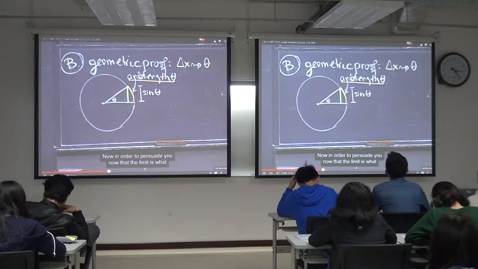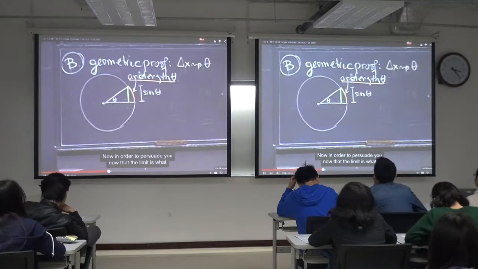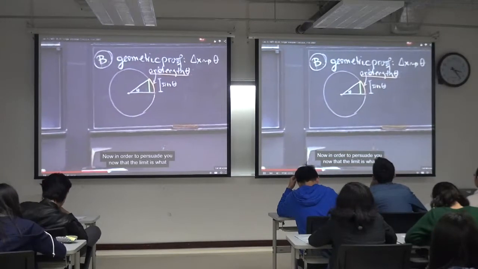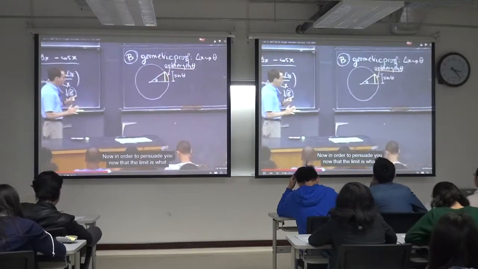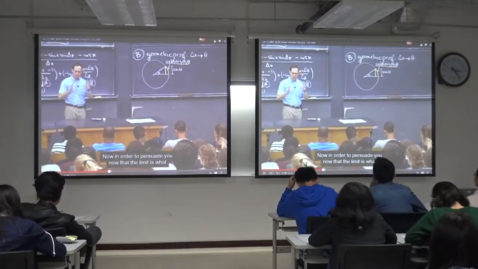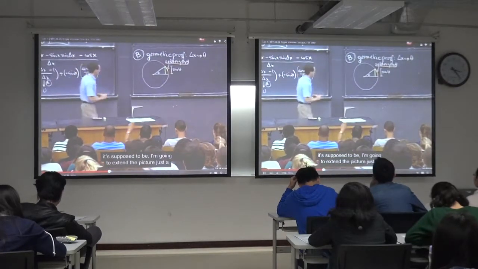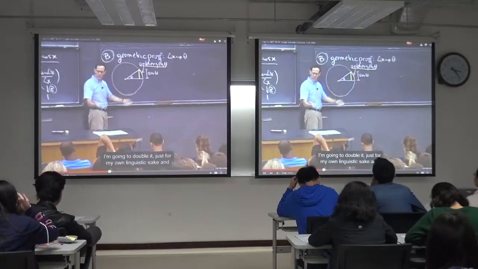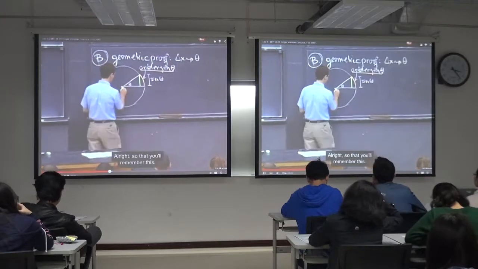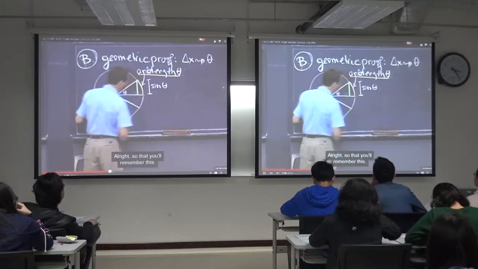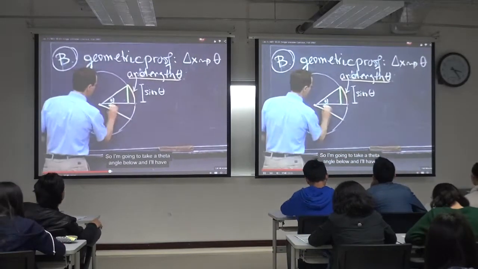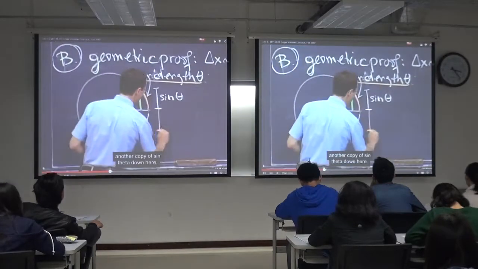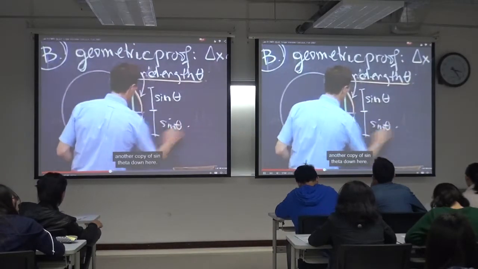Now, in order to persuade you that the limit is what it's supposed to be, I'm going to extend the picture just a little bit. I'm going to double it, just for my own linguistic sake, so that I can tell you a story. So that you remember this. So I'm going to take theta angle below, and I'll have another copy of the sine theta down here.